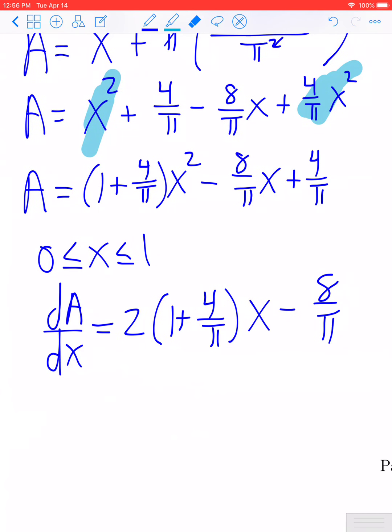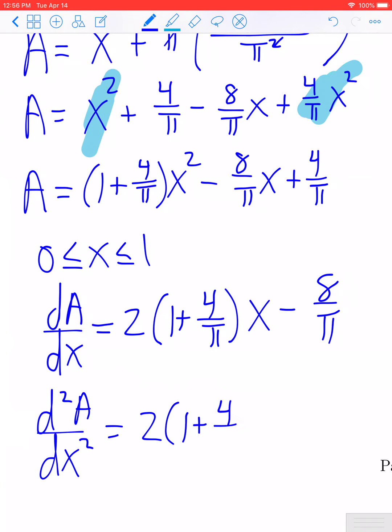Let's now find the second derivative, because we can do the second derivative test on this. d²A/dx² is just going to be a constant, it's actually 2 times (1 + 4/π).